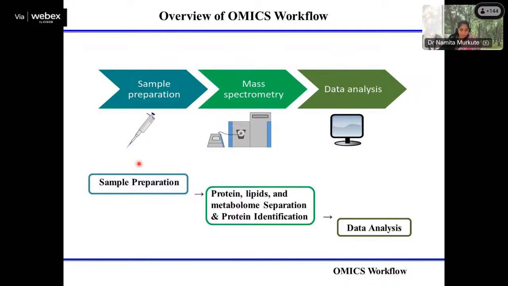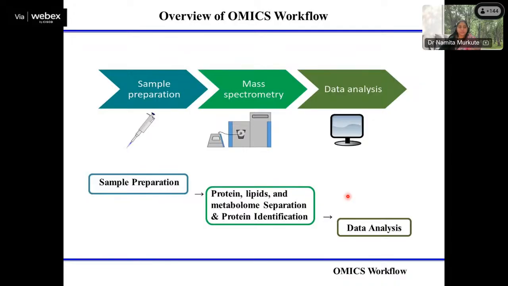Then after sample preparation, mass spectrometry is there. So you are going to separate your compounds in this and then identify the compounds by using the mass spectrometers. And the last one in this workflow is data analysis. So data analysis is done by using different statistical software.